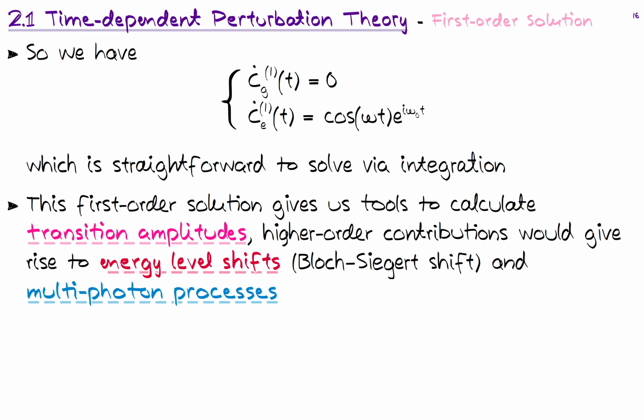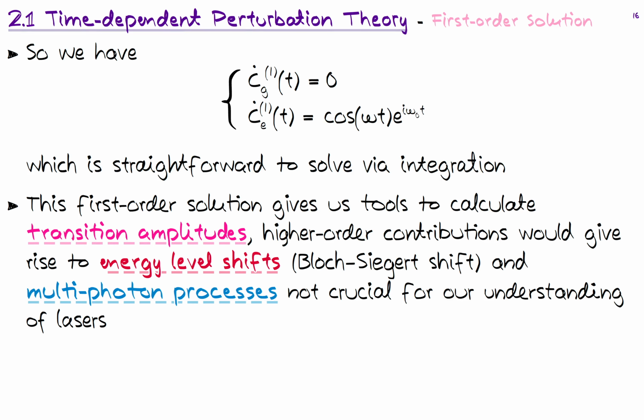But this is not where we want to go here. It's enough that we solve this up to the first order. The physics that would happen when solving the system up to higher orders is not what we are interested in in our course. We are not interested in energy levels shifting due to the perturbation, and we are not interested in multi-photon processes or saturation effects that much within the dynamics.